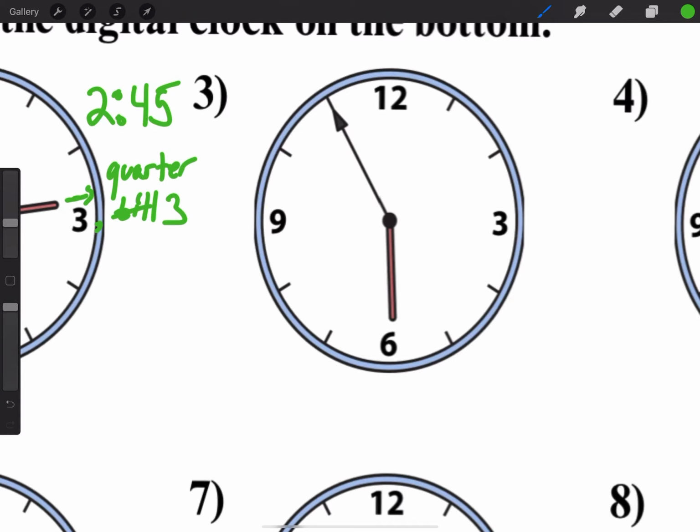Now again, we're almost to the 6, not quite to the 6. I know it looks like it's at the 6, but we're just about there. The easy way to tell is that, hey, this hand, our minute hand, is just about around to the 12, but it's not quite there.